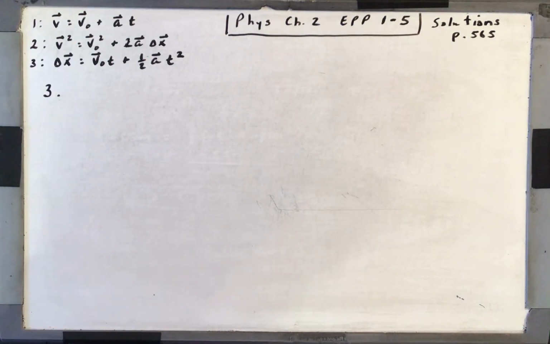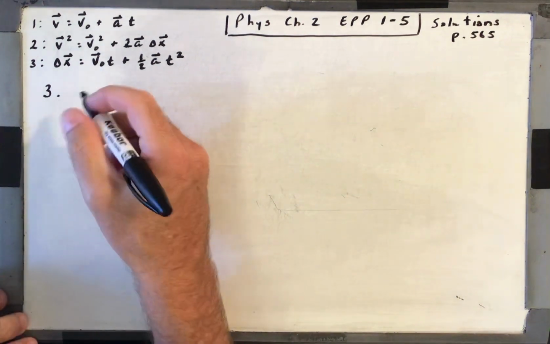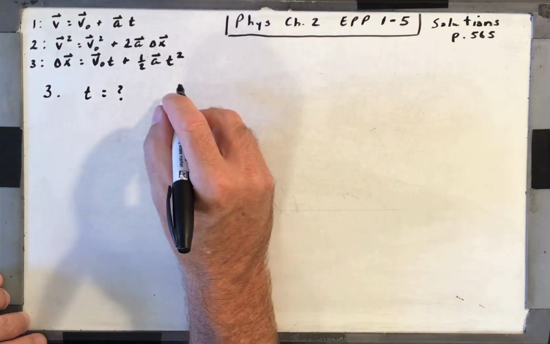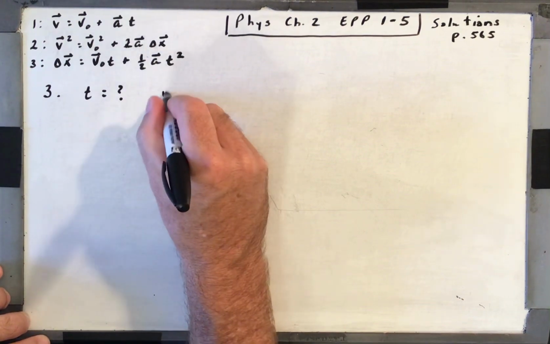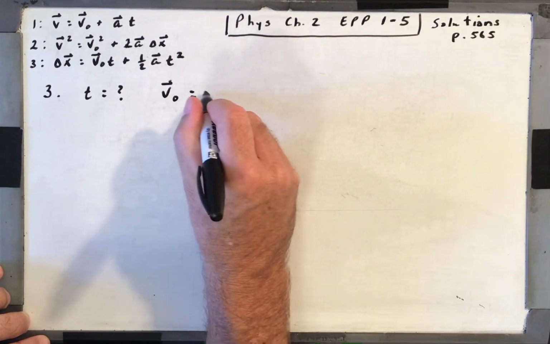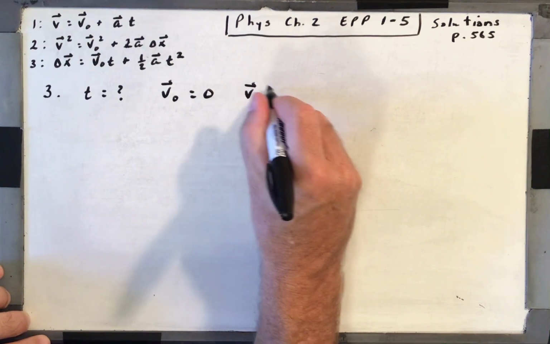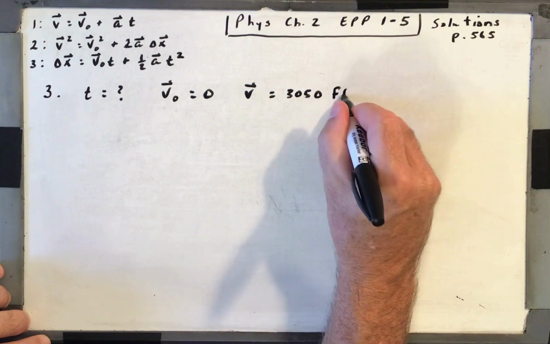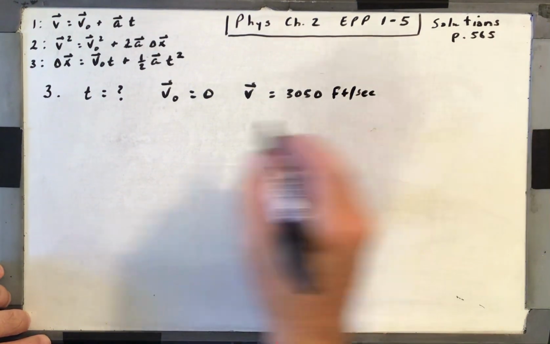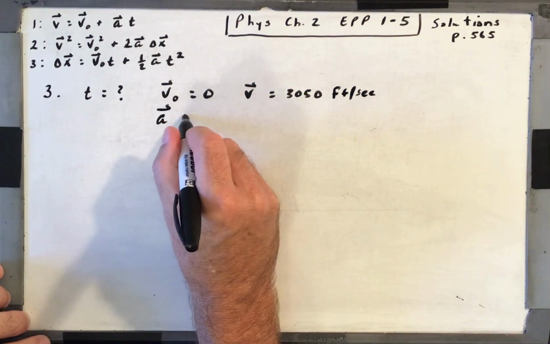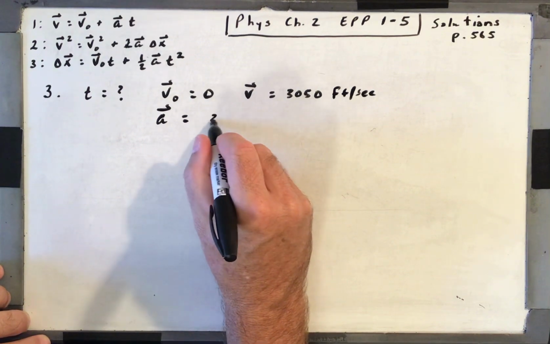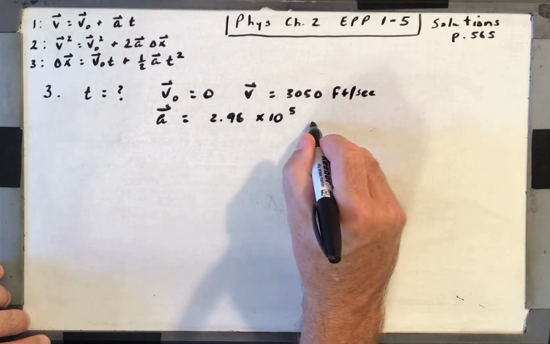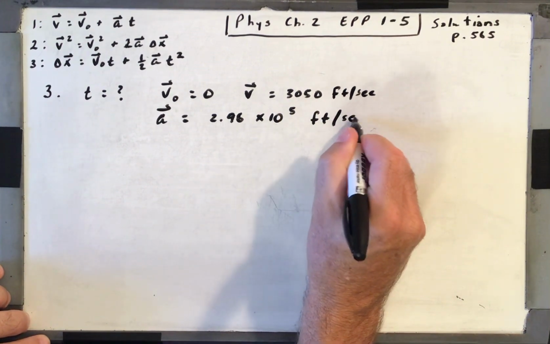All right. How long? So we want to know time. Okay, at rest, our initial velocity is going to be 0. Final velocity is 3,050 feet per second. And acceleration, got a big number, 2.96 times 10 to the 5th feet per second squared.